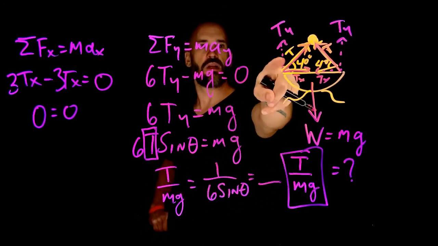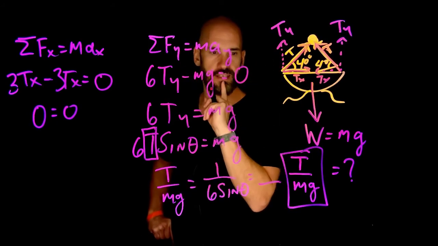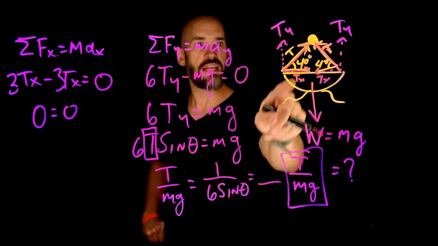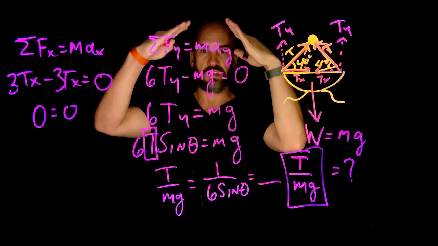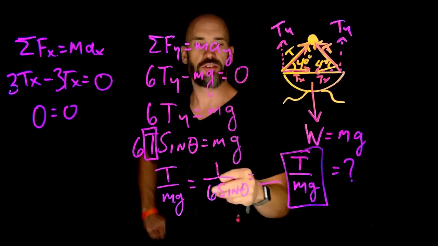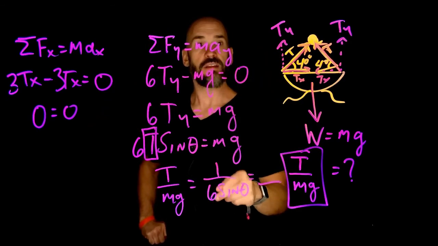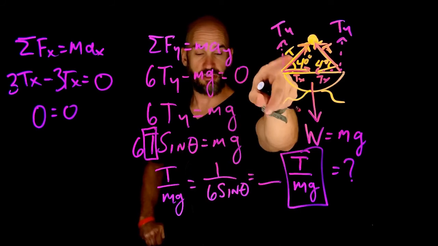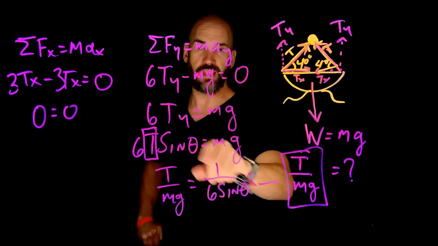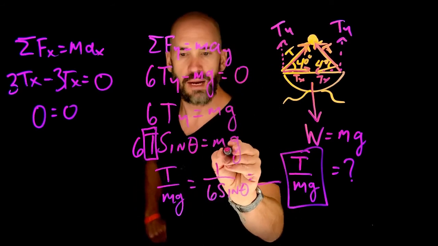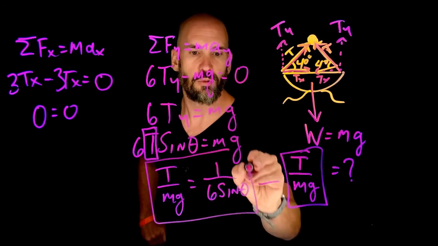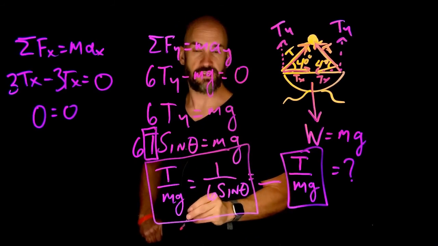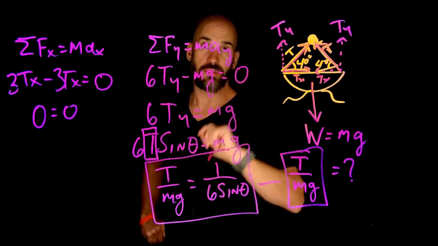And I encourage you guys to plug in that number and get that ratio. But one thing to note, this ratio will change depending on what angle he's holding himself up at. So the amount of tension that each little guy feels is going to depend on what that angle is. But the bottom line is, that is our ratio. This tells us how much weight each of those little tibias is going to have to handle.